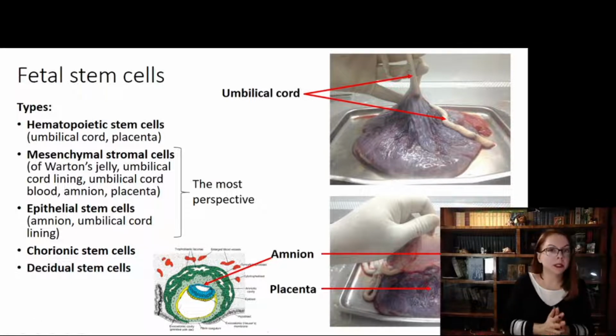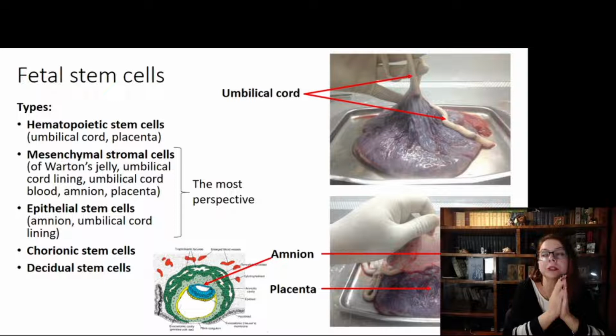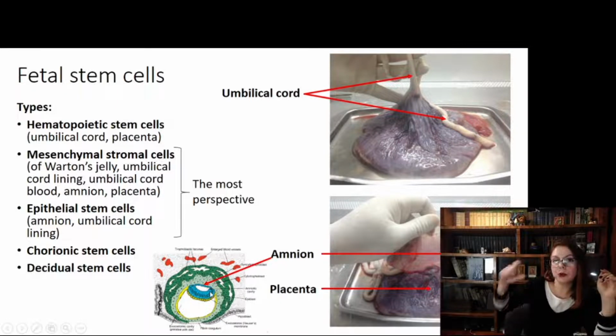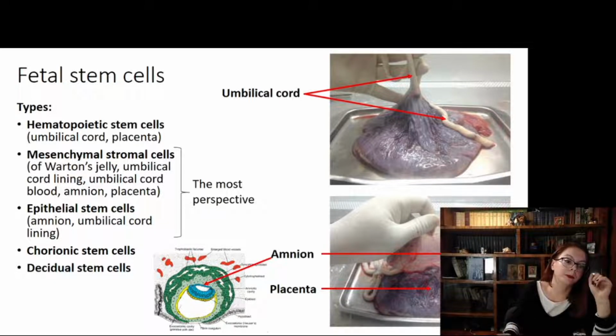So these epithelial cells theoretically are very prospective, because, if you remember from the beginning of our subject, the amnion derives from the epiblast, and epiblast gives rise to all three germ layers: ectoderm, mesoderm, and endoderm.